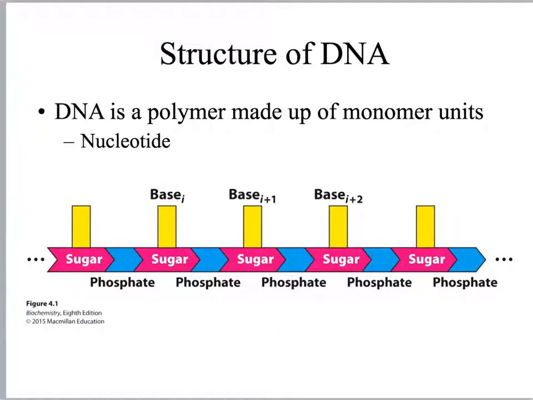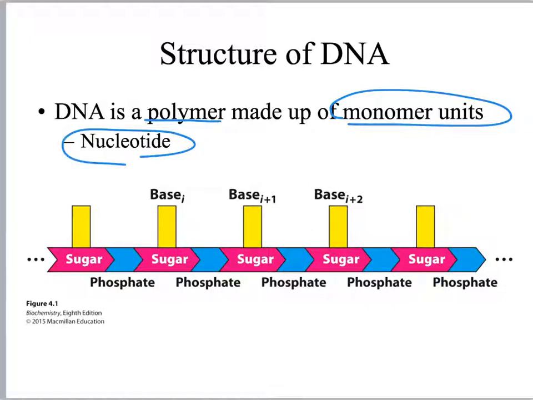So thinking about the structure of DNA, DNA is a polymer. And so it's a structure, there's repeating units that are present, these monomer units. And in the DNA polymer, the monomer units are these nucleotides. Now, each nucleotide consists of 3 parts. And these parts include the sugar, the phosphate, and a base.